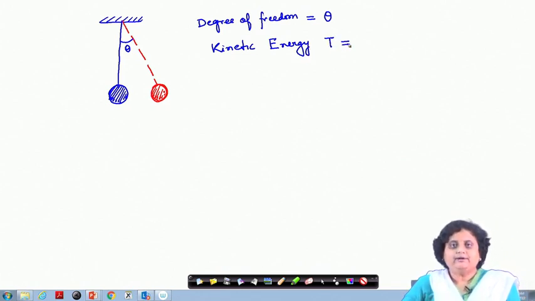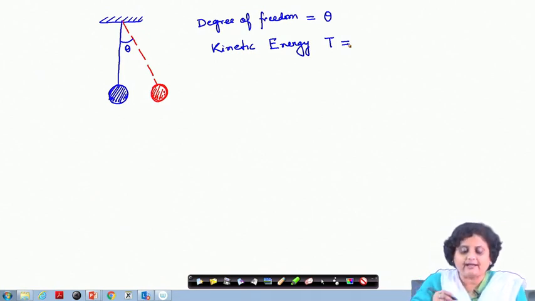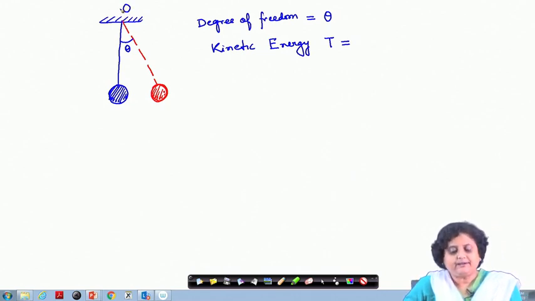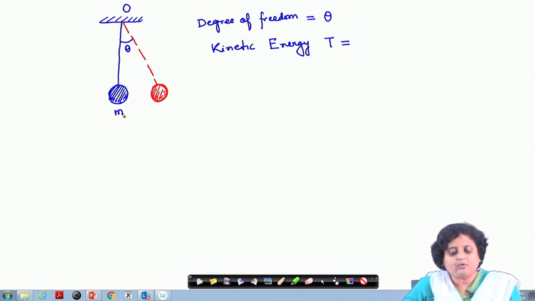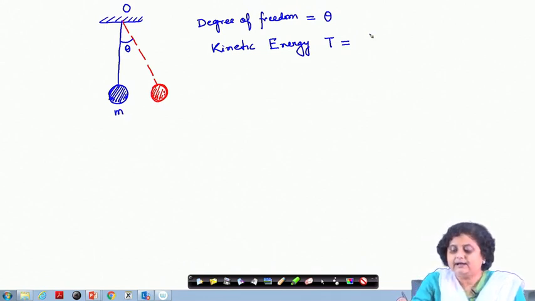The degree of freedom for the simple pendulum is theta, or the angle of rotation about the point O. So, if theta is the degree of freedom, let us find out the kinetic energy. The mass of the pendulum is m. So, what is going to be the kinetic energy? The kinetic energy is half m into velocity square.